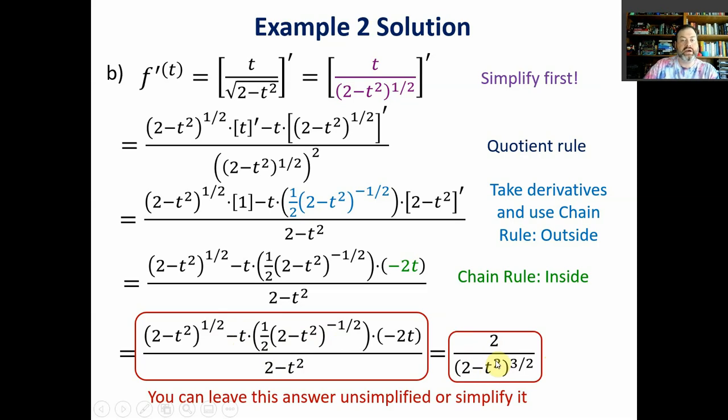Well, sure, go ahead and simplify it. Or maybe the question will say, find where this function has a vertical tangent. And you need to set this denominator equal to 0. Well, here, there's division by 0 up here, right? We have a negative 1/2 exponent. So maybe the algebra is easy here if you need to do more things.